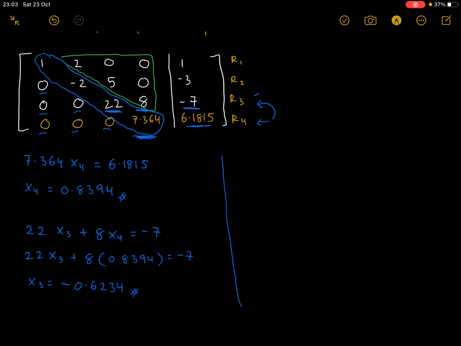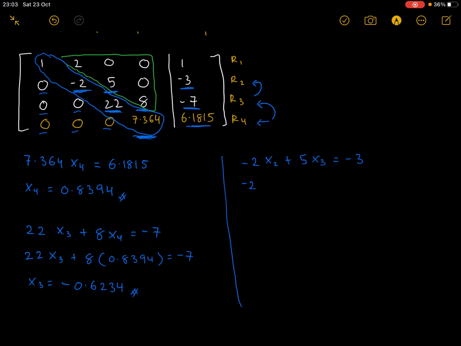So now we're going to move on to the second row. From the second row, we know that negative 2x2 plus 5x3 equals negative 3.